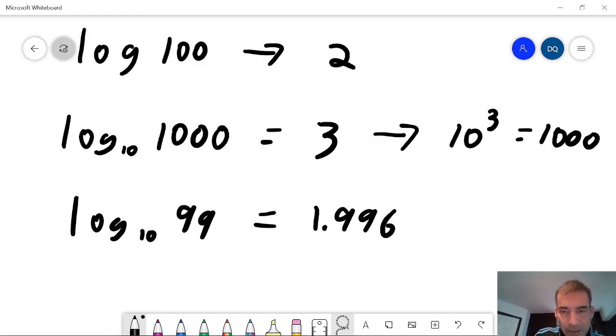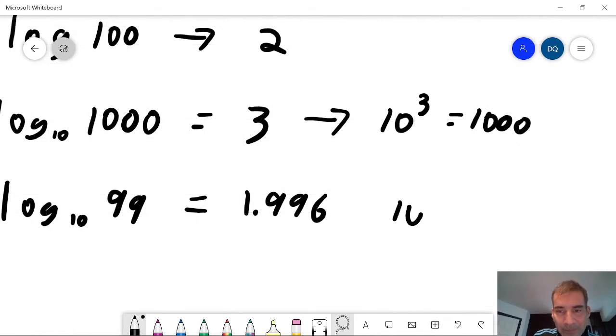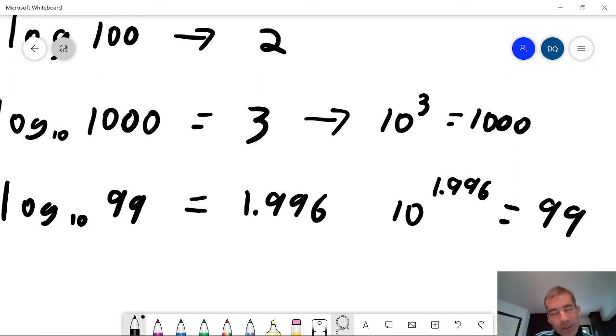As you can see, it's a number very close to 2, but not quite equal to 2. What that means is that if you take 10 and raise it to the exponent 1.996, that's equal to 99. Now I rounded here, so it's not going to give you an answer exactly equal to 99, but pretty close.